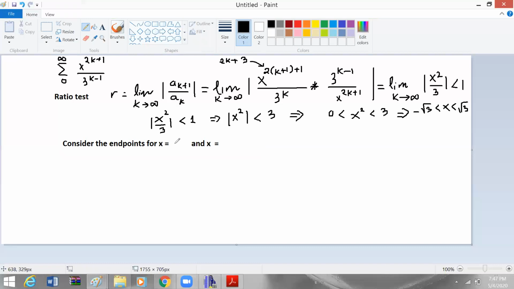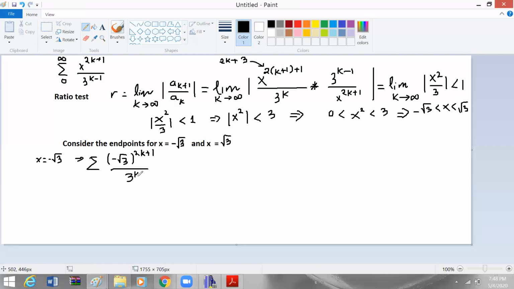When x equals negative radical 3, I can rewrite the entire series. I'm going to plug in negative radical 3 to the power 2k plus 1, over 3 to the k minus 1.